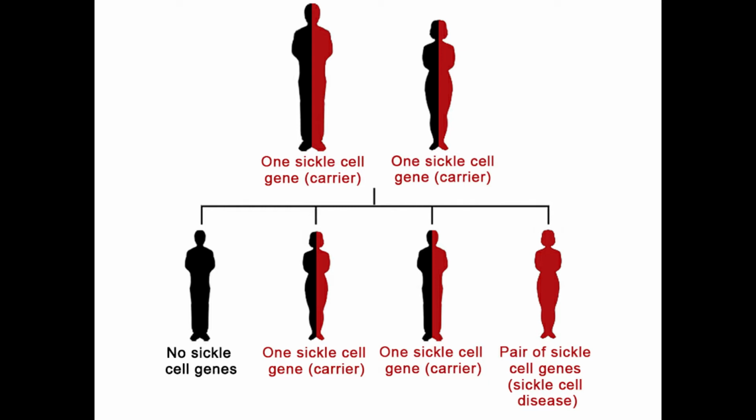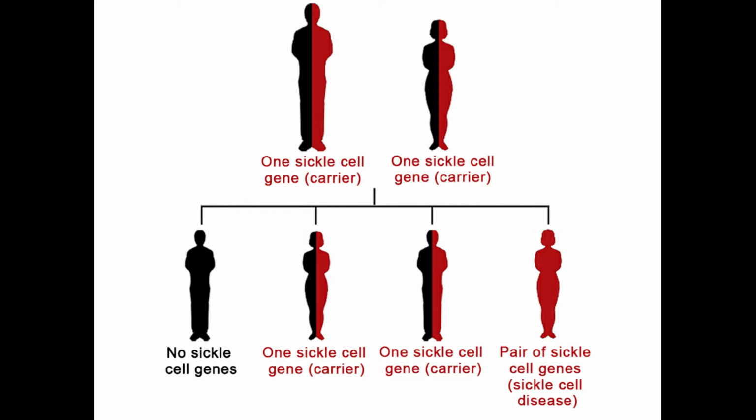The two persons in the middle, they are also carriers and they are also heterozygous. The person at the end in full red, that person is carrying the two genes. So that person has sickle cell disease and is said to be homozygous.